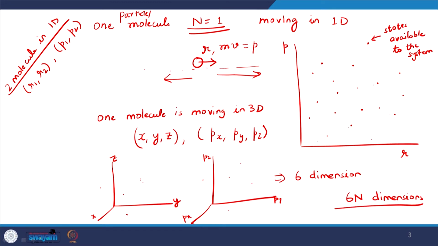Even if I try to approximate by representing the continuous space by a discrete space, even then the number of possibilities are going to be extremely large, and that is the problem that we are trying to address when I am trying to represent the motion and the positions of particles, and using that to get the properties of interest in thermodynamics.